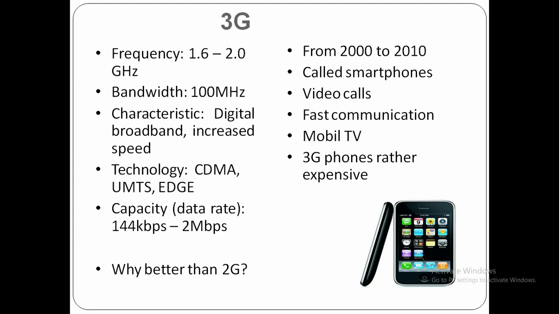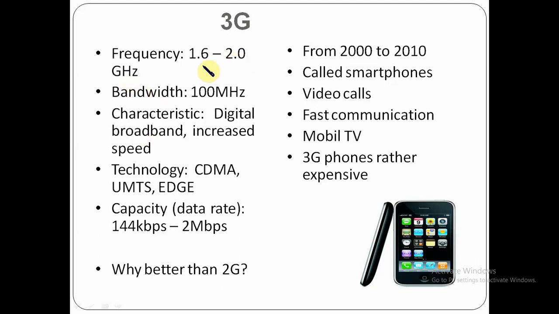Later, in 2001, it was widely launched commercially in the WCDMA standard, which was based on GSM. During the same time in European countries, the UMTS, Universal Mobile Telecommunications System network, spread 3G technology under 3GPP standards.